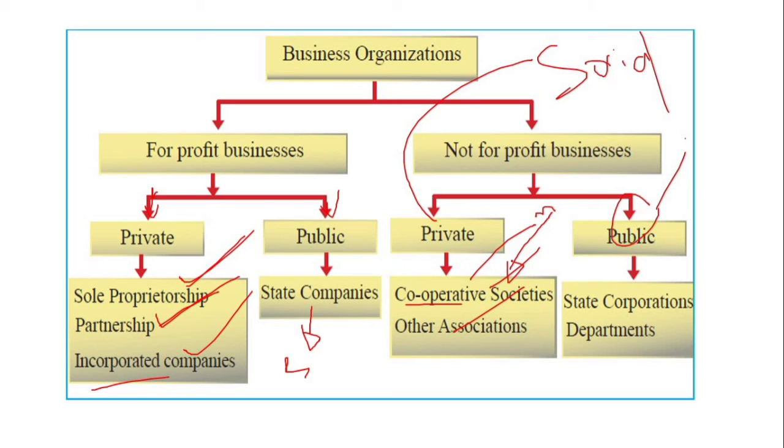Other associations, young men association, some football clubs, privately owned libraries are doing social service, social welfare. Here, the government is not always doing social welfare. The government does business for profit purposes also. For example, Bank of Sri Lanka, People's Bank, right?